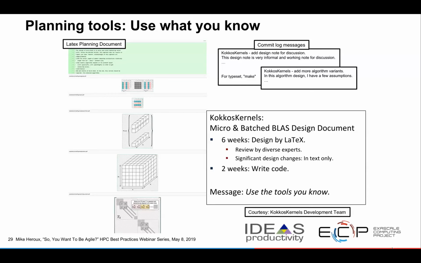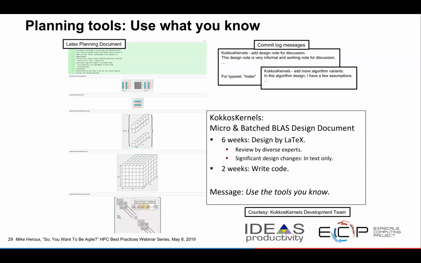And they made very significant design changes in that document. If they hadn't, they would have written the code, and it would have worked on the first target platform, but they would have discovered, once they moved from multi-core CPUs to the GPUs, that the design was not optimal.